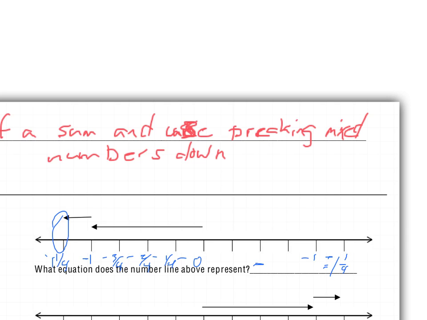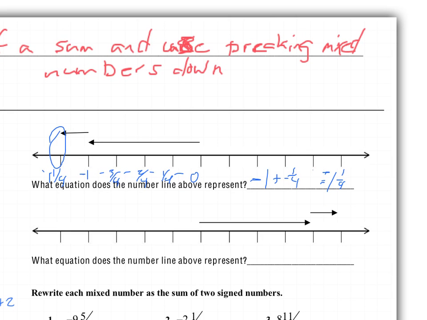So negative 1 plus negative 1/4. Here we should start to see the idea that when we break down a mixed number on a number line, this mixed number is really the same thing as the sum of the whole and the fraction.